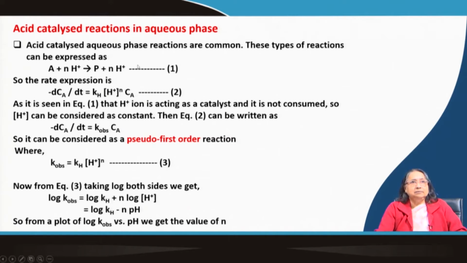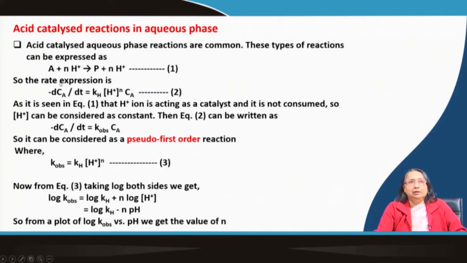So, here you see A is giving P. When A is giving P, it is catalyzed by hydrogen ion, that is acid, but the acid H+ is staying back as the same H+.